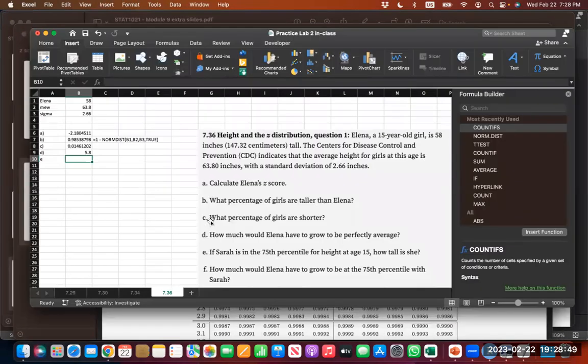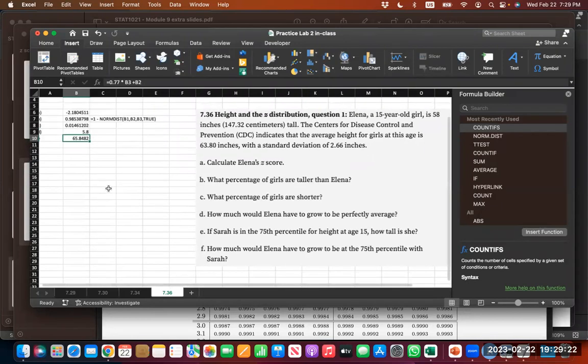And we know that the height would be z multiplied by sigma plus the mean. So this is now 0.77 multiplied by sigma plus the mean. So she would need to grow to 65. So she would be in the 75th percentile if she was 66 inches tall.